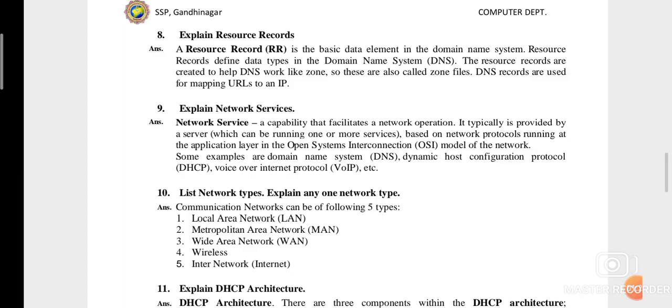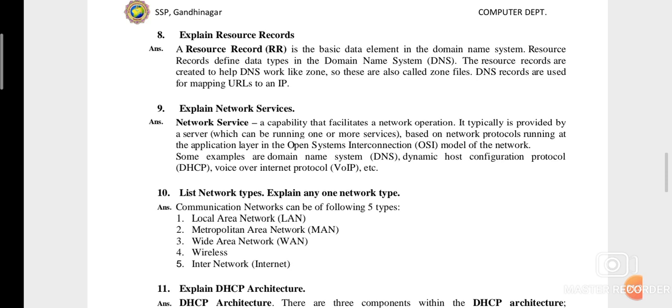So these are also called zone files. DNS records are used for mapping URLs to an IP. We can also say resource records are zone files, and DNS records are used for mapping URLs to an internet protocol.